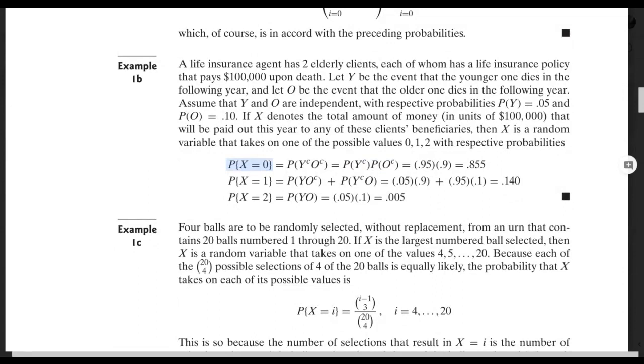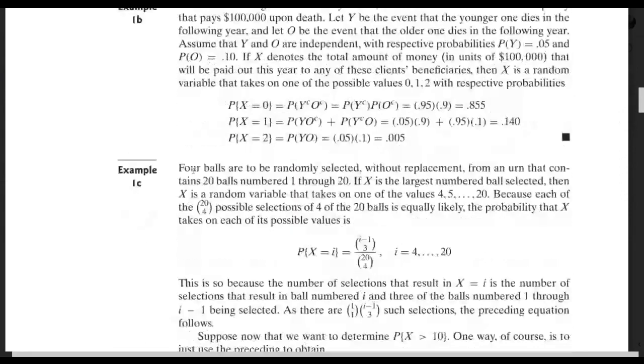So basically, no one dies, so no money is paid. And for one to be paid, it can be the young one or the old one, or both of them die, and then we have this probability of young and old. So X denotes the total amount of money to be paid. X is a random variable because it can be assigned 3 values, 0, 1, 2.